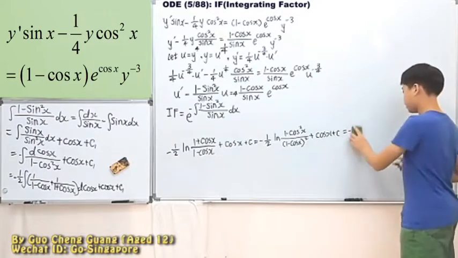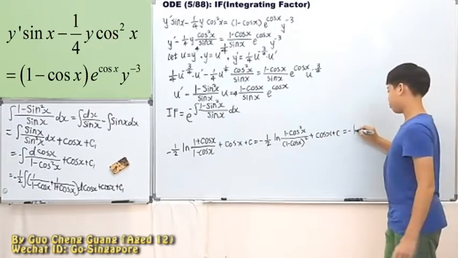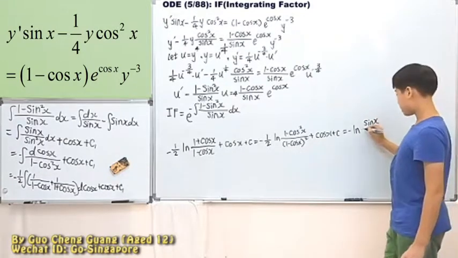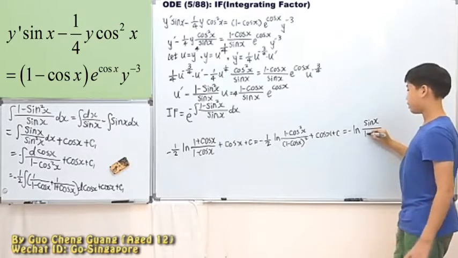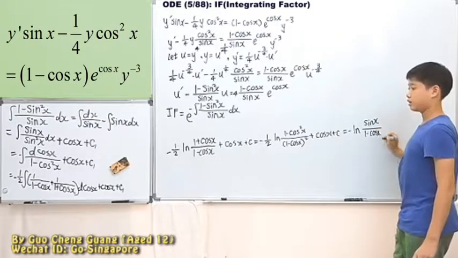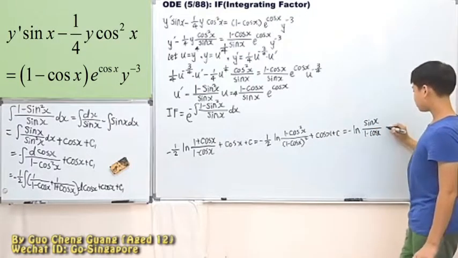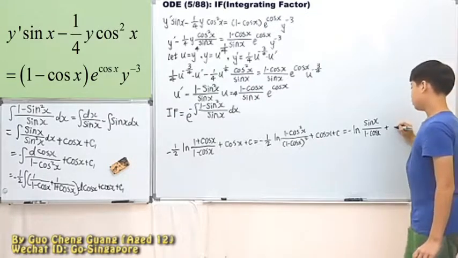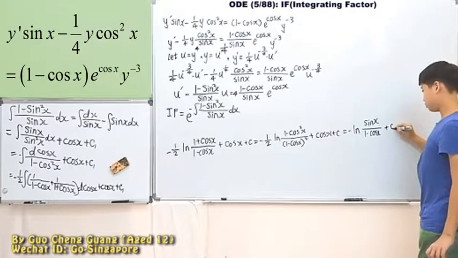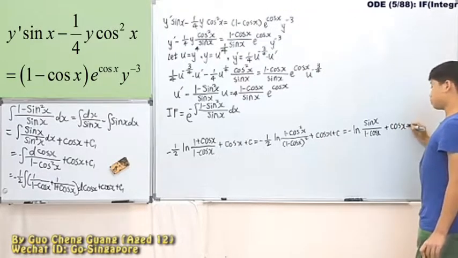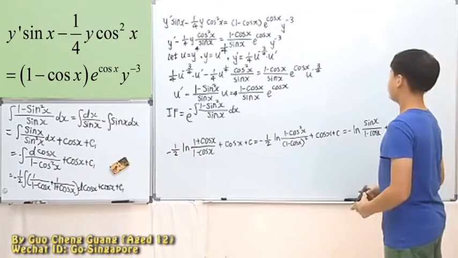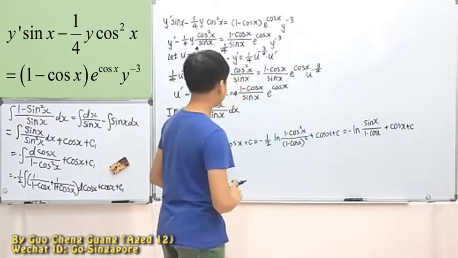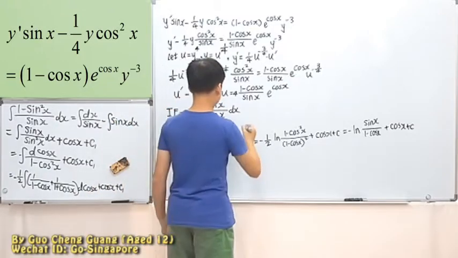So this negative comes in use here. So sine square x becomes sine x. Then this part below is 1 minus cosine x. Okay. Then after that, we're just going to put it inside here.